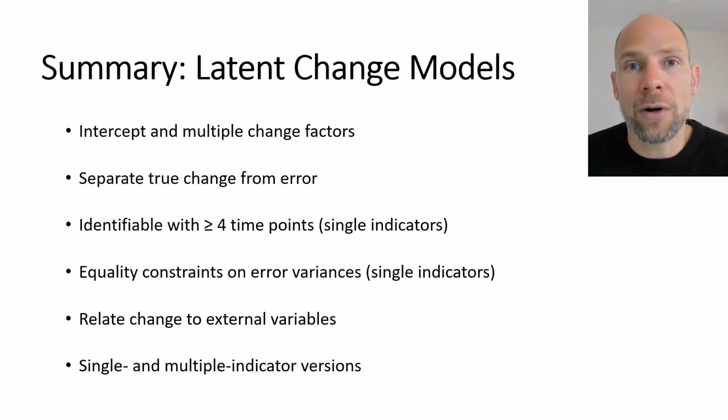And in my experience, oftentimes latent change score models are easier to fit. They fit the data better than growth curve models, especially when you have growth curve models that have a very restricted growth curve, such as, for example, a linear growth curve.